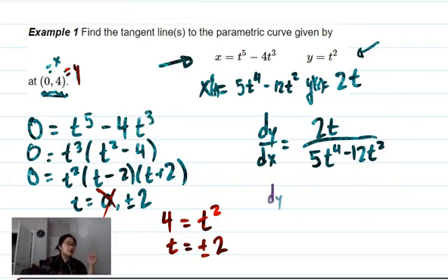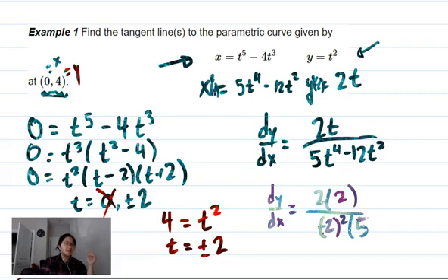So we have dy/dx is equal to 2 times 2 over 5 times, and I'm going to factor this out, this 2 squared, I'm factoring like this because I do math responsibly, times 2 squared minus 12.